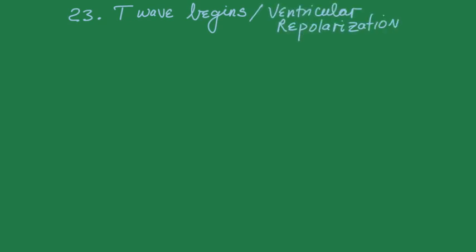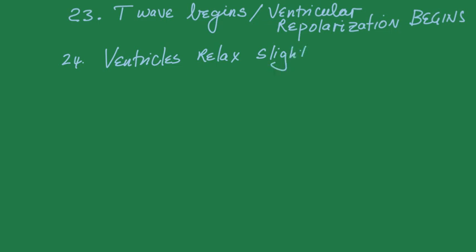Ventricular repolarization will be followed by ventricular diastole or ventricular relaxation, but this also happens very slightly because the T wave just began. Ventricles relax slightly.